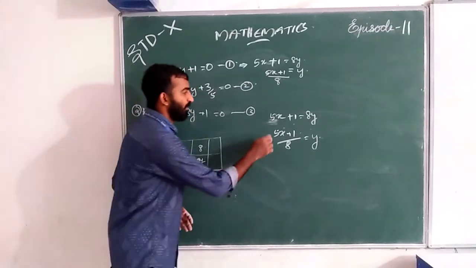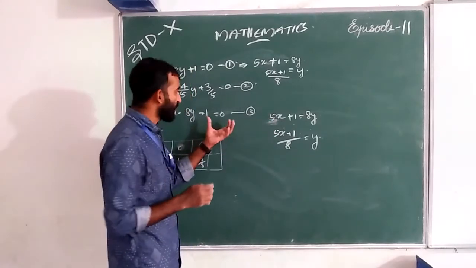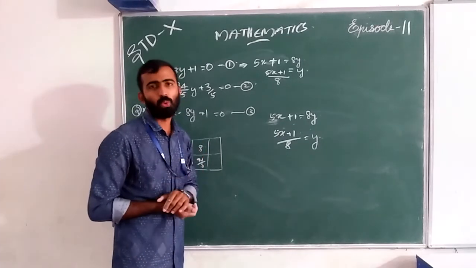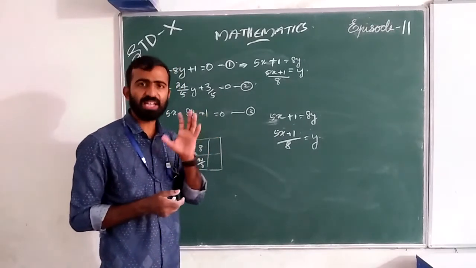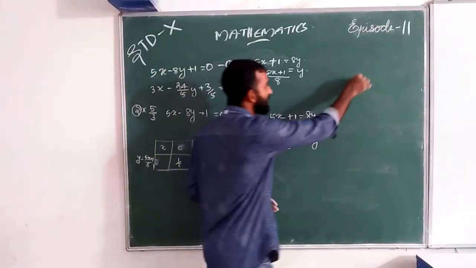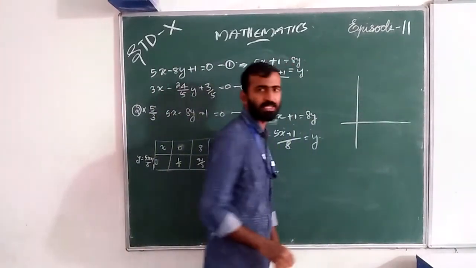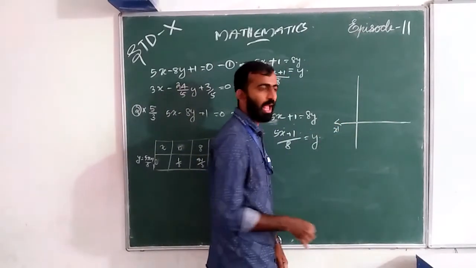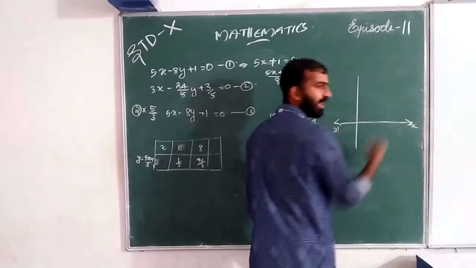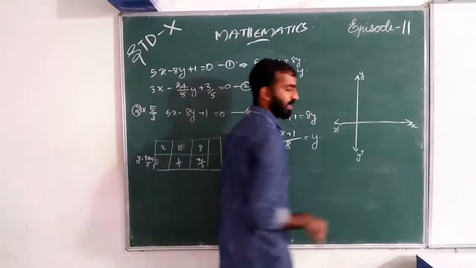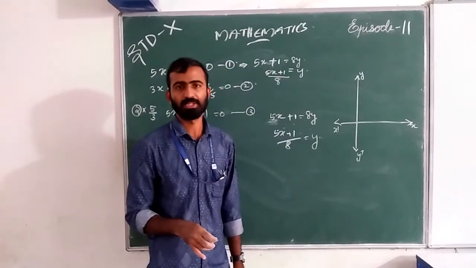For this graph, the equation 3 graph, we want an x coordinate and y coordinate. When we draw a graph, we want x and y coordinates because a graph has an x axis and y axis. Here is the x dash axis, here is x, here is y, and here is the y dash axis.